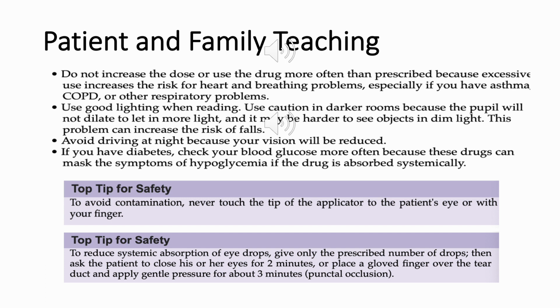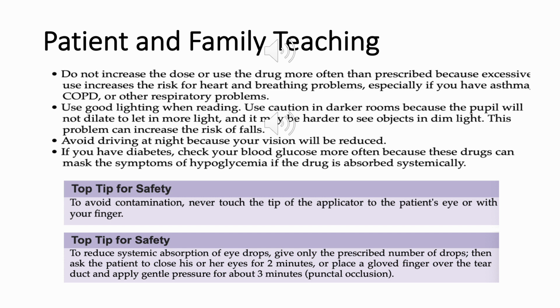In addition to the general nursing considerations related to eye drug therapy, determine the patient's baseline vital signs. Watch for changes in heart rate and blood pressure. If the patient has respiratory problems such as asthma or chronic obstructive pulmonary disease, COPD, monitor for shortness of breath or changes in pulse oximetry.